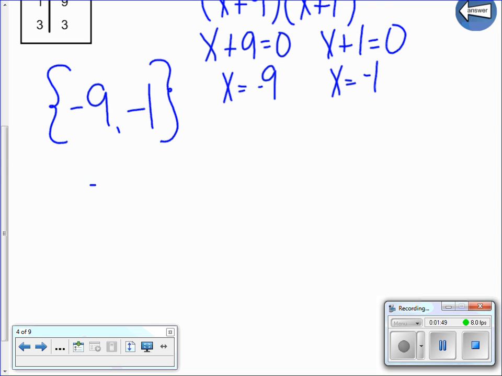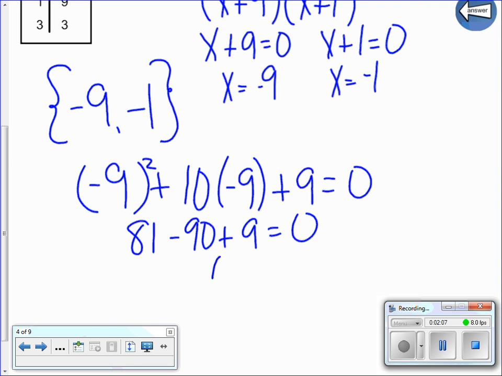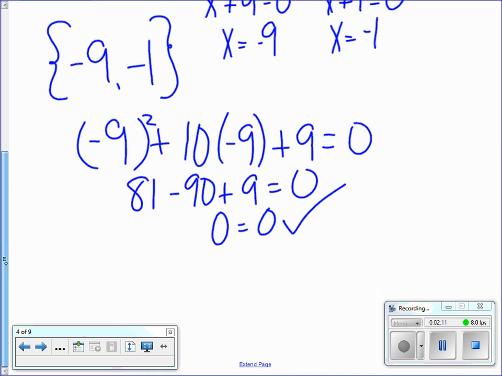So we start with negative 9 squared plus 10 times negative 9 plus 9 equals 0. So that's 81 minus 90 plus 9 equals 0. So 0 equals 0. So we know negative 9 works.